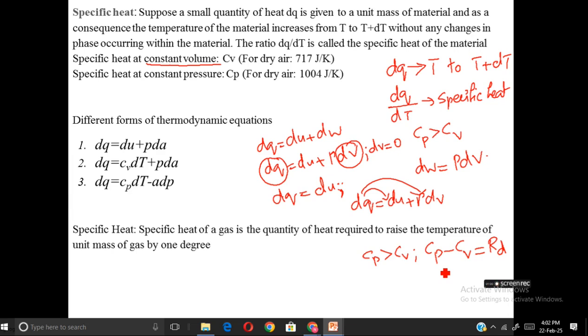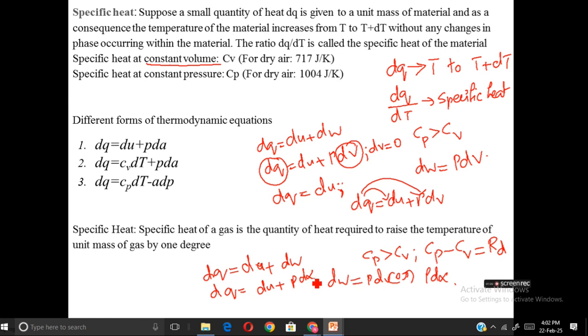Now let us see the different forms of thermodynamic equation. dq is du plus pdv or p d alpha, which we are already familiar with. dq is equal to du plus dw, where dw is pdv or p d alpha. So dq can be written as du plus p d alpha.